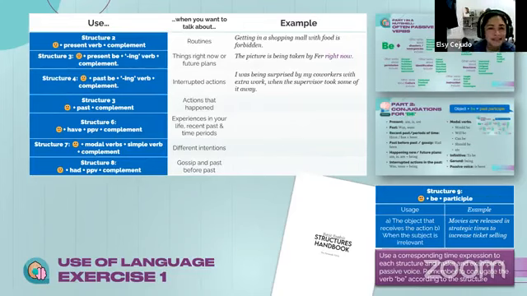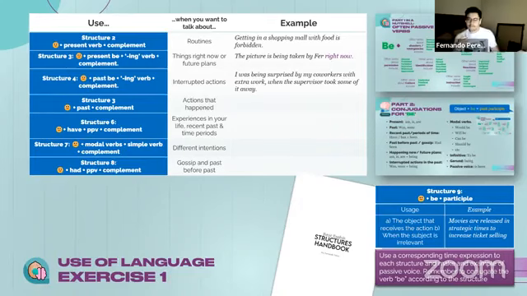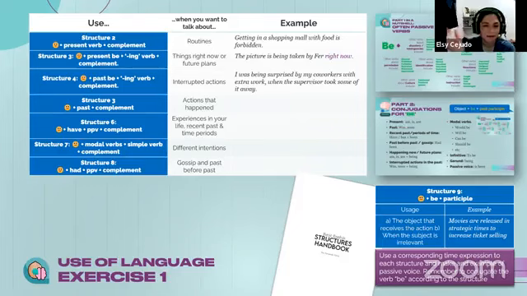Okay, it's not clear for me. I was watching the handbook, and when you said interrupted actions, I think I only need subject, a verb in past, and ing.